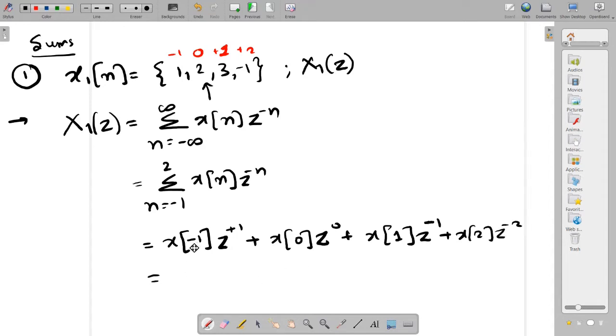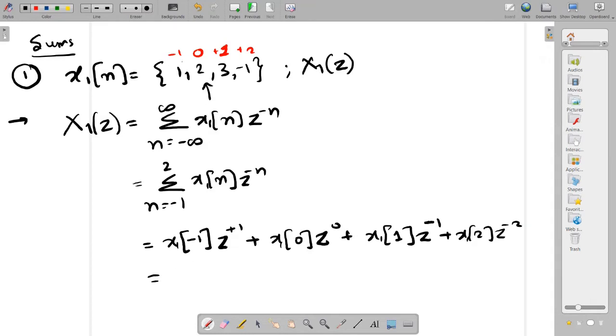Okay, what is x of minus 1? We are talking about x1 over here. What is x1 of minus 1? Value of x1 of n at n equal to minus 1, that is 1, right?